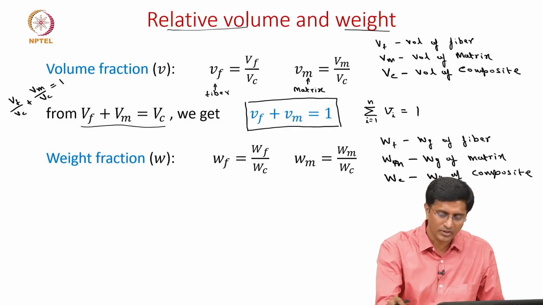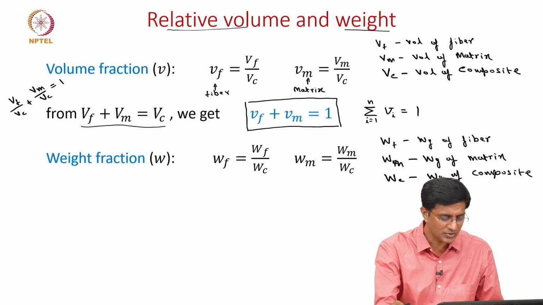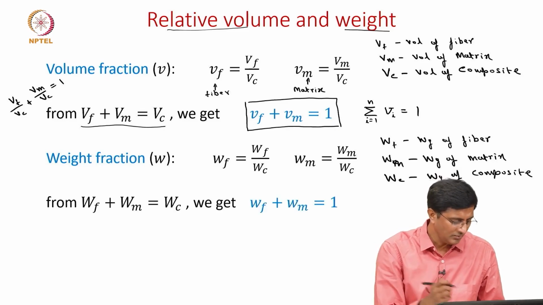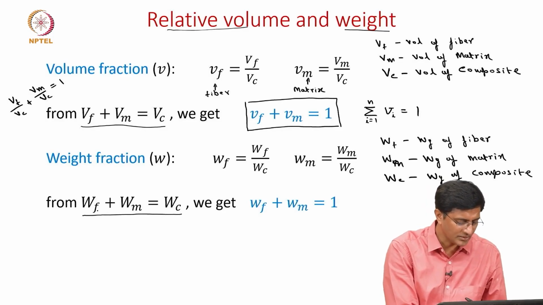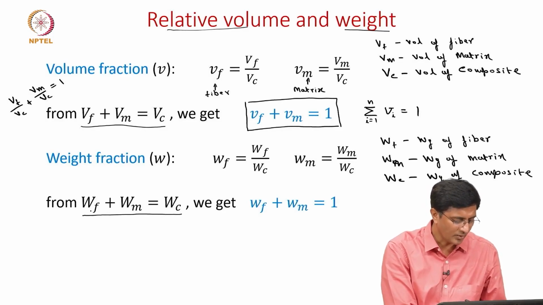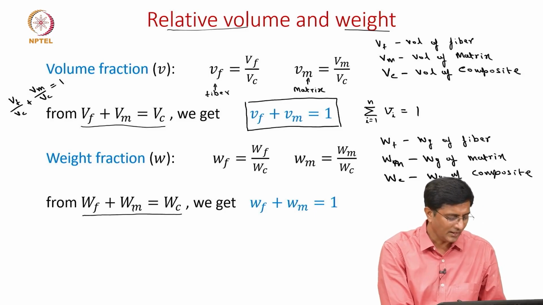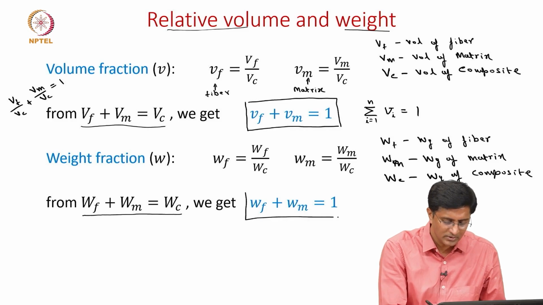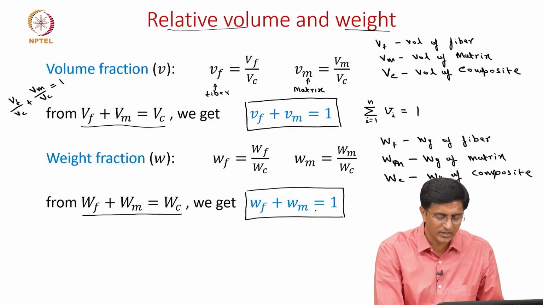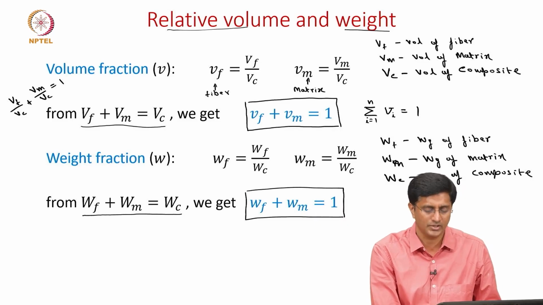And similarly, we can also show the relation between these two weight fractions, as we can start from saying that the total weight of the composite is just the sum of the fiber weight and the matrix weight. And if we divide the equation by the weight of the composite, we come up with this expression which says the sum of the weight fractions of the fiber and the matrix is unity.